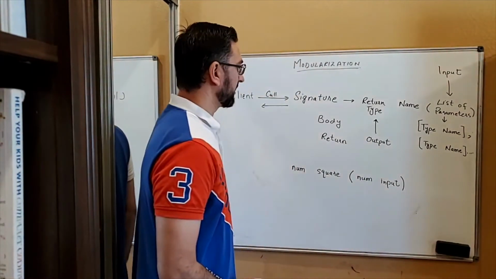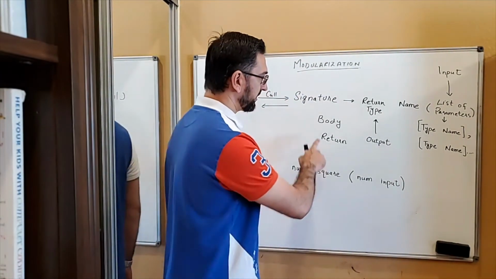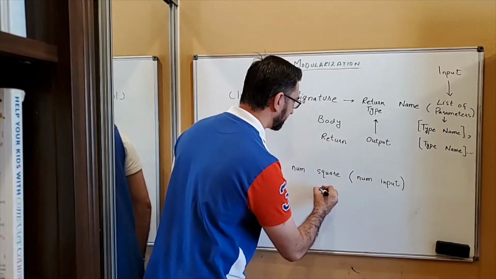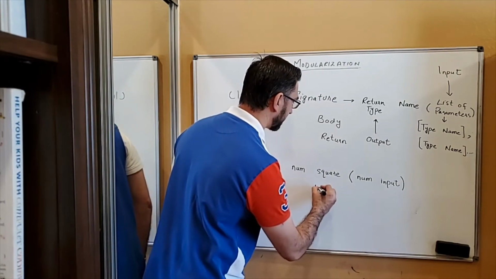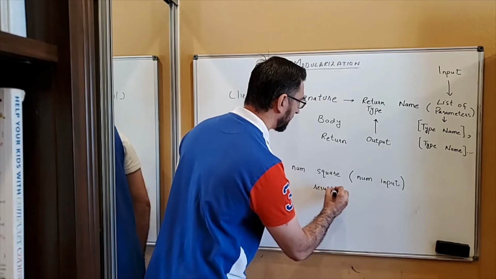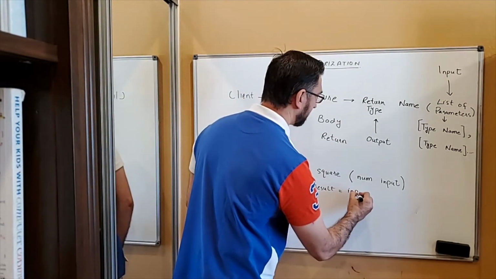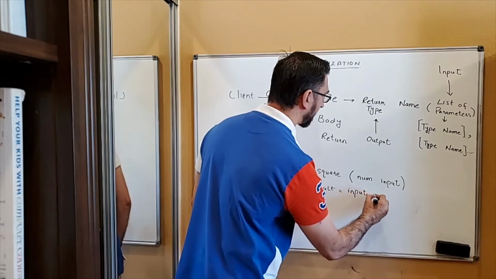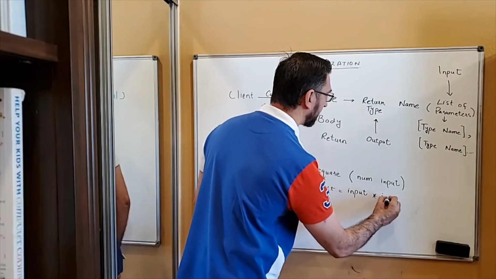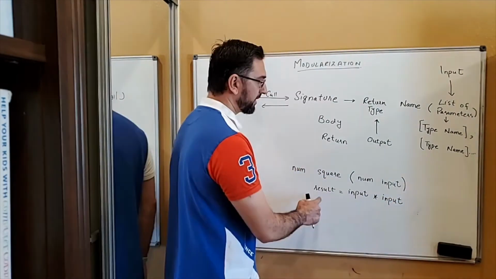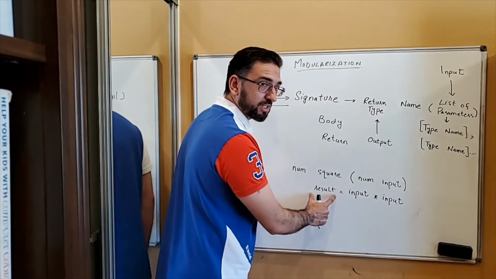Okay. Now the body of this function is very simple in our case. Whatever input we get, let's just say it stores the result into a variable. It just takes this input, multiplies it by itself, and stores the result here.